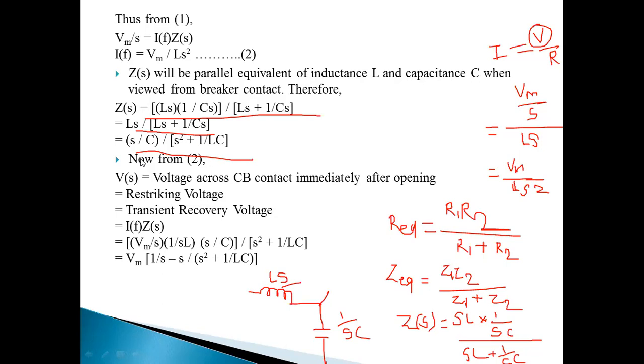When the circuit breaker contacts open, whatever voltage appears at that time is nothing but the V of S.